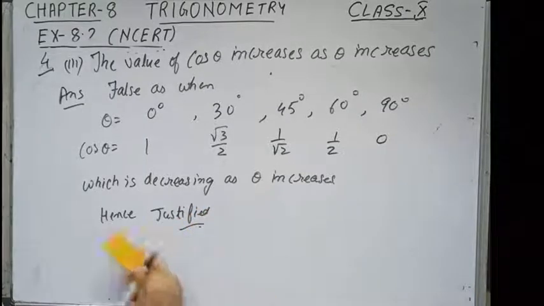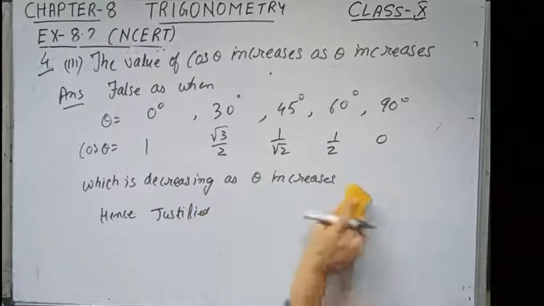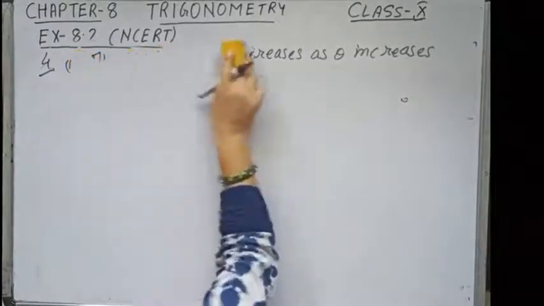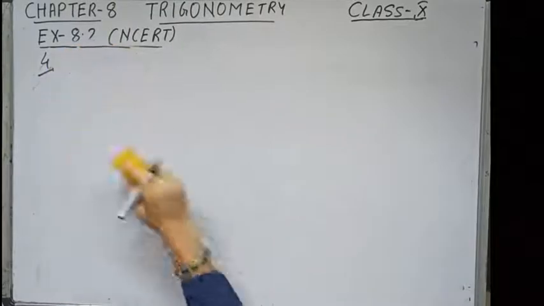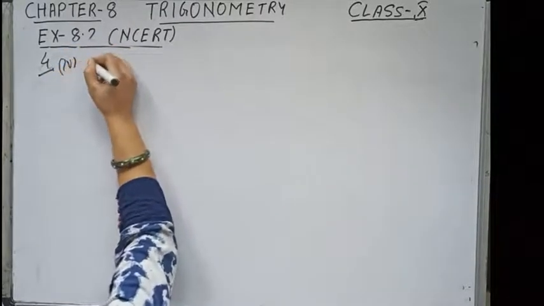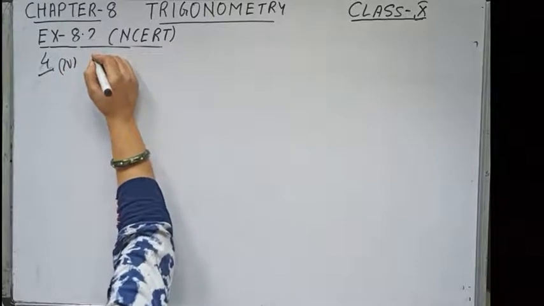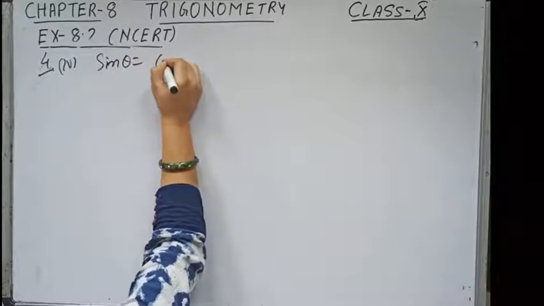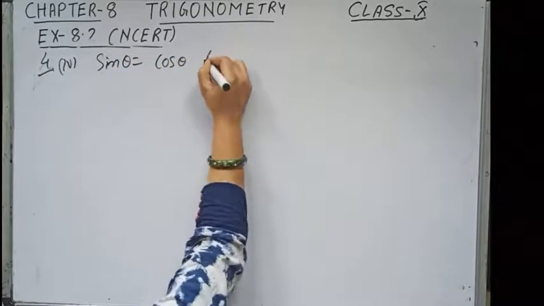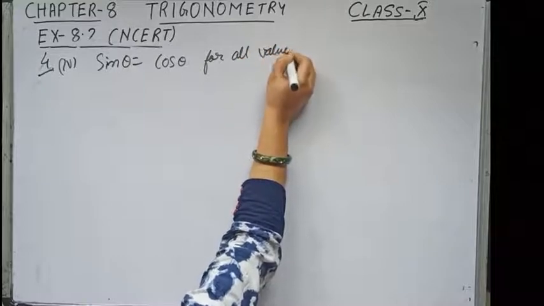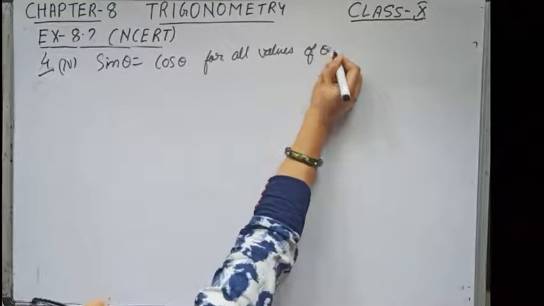Now let us move to subpart number 4. Subpart number 4 is saying that sin theta equals cos theta for all values of theta.